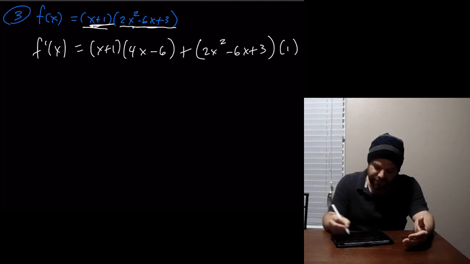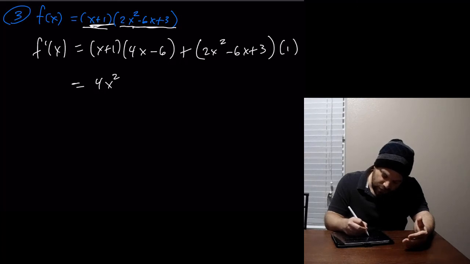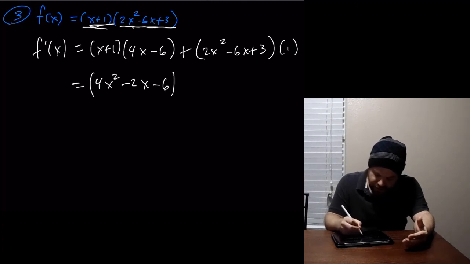And then multiply by the derivative of the first term, which is just going to be a 1. Okay, and then we'll just simplify this by distributing. So this will be 4x squared minus 6x plus 4x, so minus 2x. And then minus 6. That will be that. And this will just be the same thing. Multiplying by 1 doesn't do much.